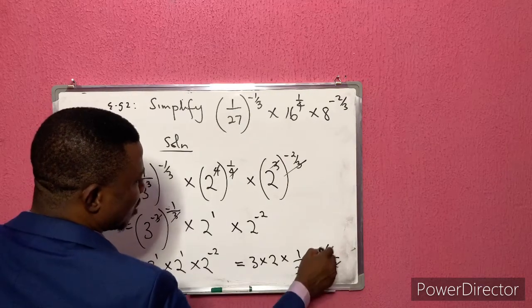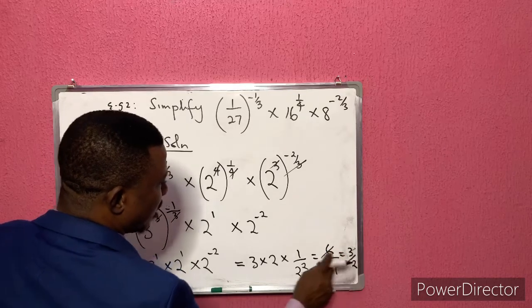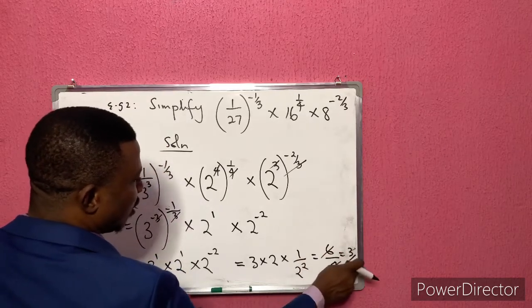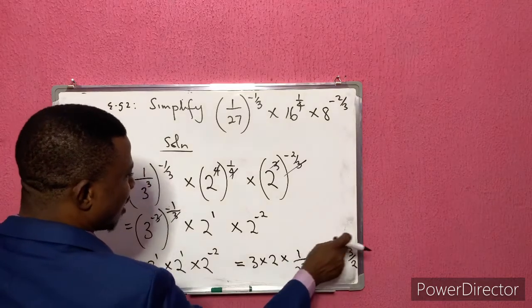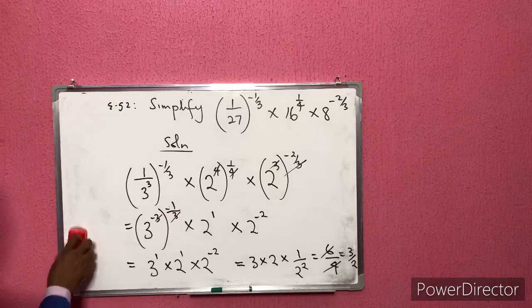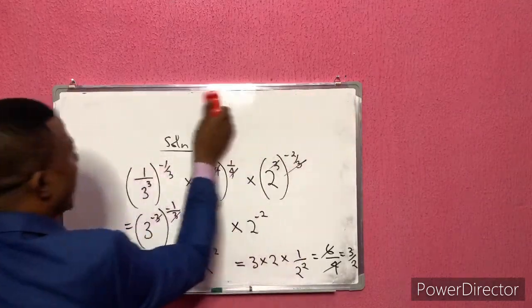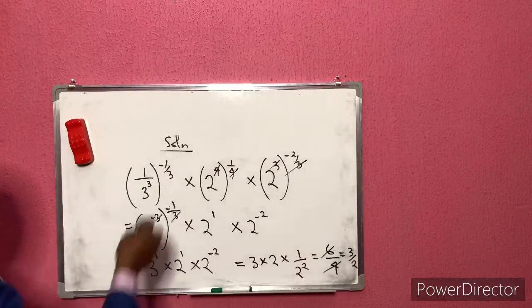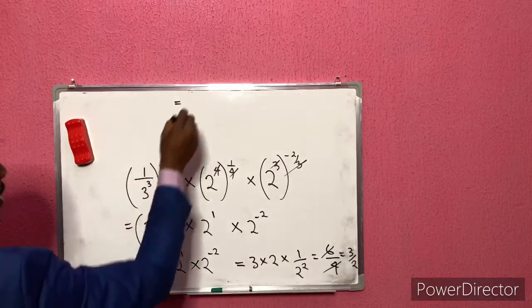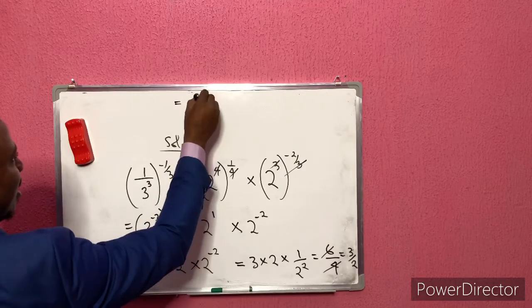Then cancel, you will have 3 over 2. When 2 divides 4, you have 2. 2 divides 6, you have 3. So your answer is 3 over 2, which is equal to 1 whole number, 1 over 2, the final answer.